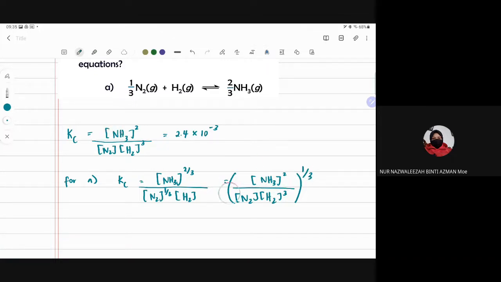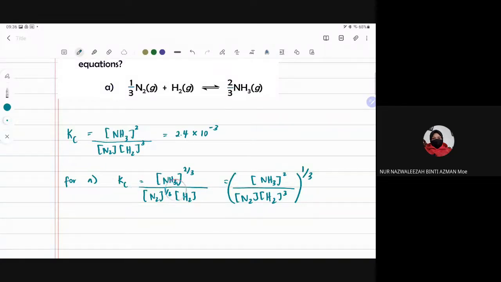Kalau kita powerkan the whole thing by 1/3, kita akan dapat 2/3, 1/3, 1. Boleh nampak tak? Kalau kita to the power balik, kita akan dapat yang ini. Jadi ini dengan ini adalah sama sebenarnya. I just express this in terms of that untuk dapatkan Kc yang baru.